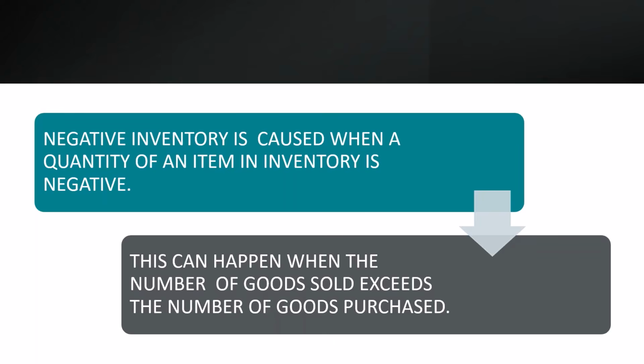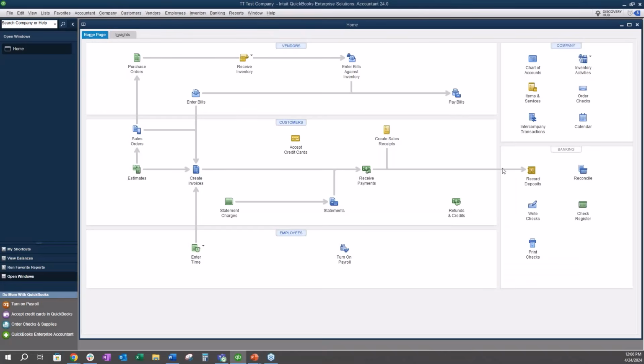I'm going to walk through this scenario when we get into our sample file, but at a higher level, at the end of the day, we're selling more than we've purchased. So let's hop into our sample file and talk about ways to prevent negative inventory.